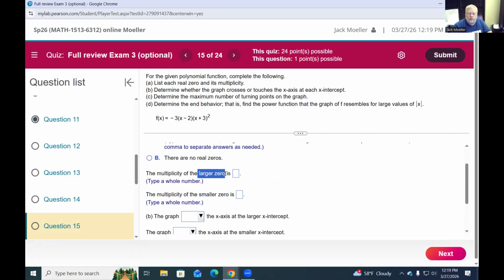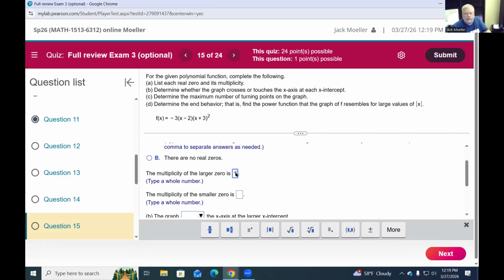The larger zero, that's the one on the right. So the one on the right was 2. We said the multiplicity was 1. That's why I like having this chart before I jump into MATLAB, because I've got my zeros and their multiplicity written right there. Multiplicity of the smaller zero, that's the one on the left. So that was the -3. And the multiplicity of that one was 2.